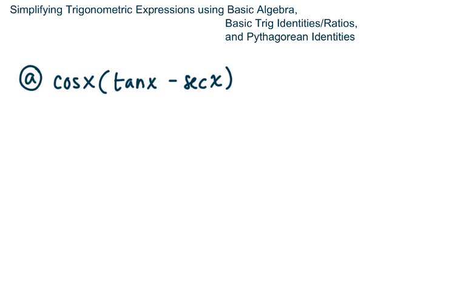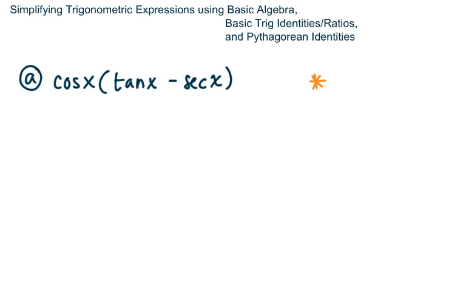And as I said, it's not inside the context of a problem. I don't have this equal to 0. So sometimes it's hard to know where to stop. But really what we're focusing on is just using these strategies. So this first example, cosine x times tangent x minus secant x. We need to simplify this, which means we need to make it look simpler.